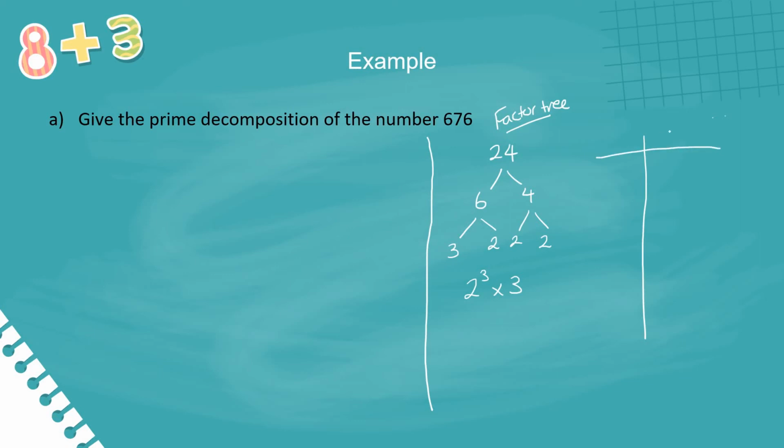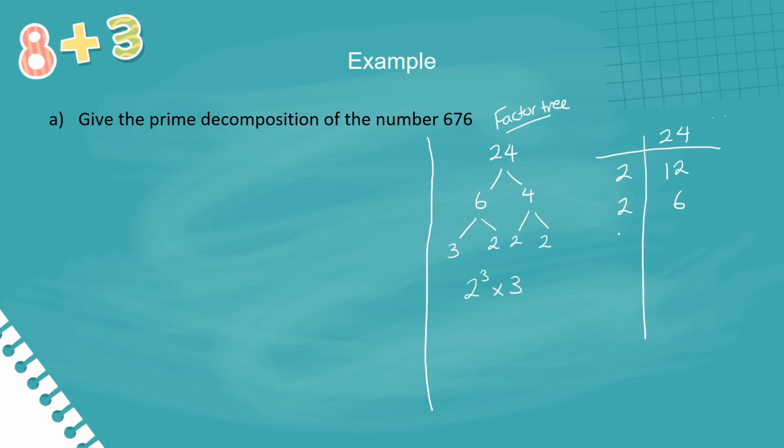Repeated division: I've got my number 24. What can I divide 24 by? And I want to always divide it by prime numbers. So I'm always looking for primes this time. A prime number I can divide 24 by, I know, is 2. 2 goes into 24 12 times. What's a prime number I can divide 12 by? 2 goes into 12 6 times.